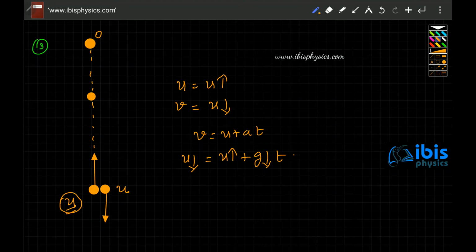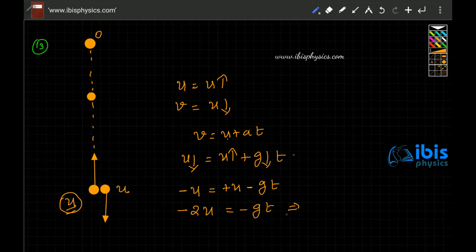If you consider the upward direction as positive, it is plus u, but acceleration is downwards throughout the motion, so it is minus g into t, and the final velocity is downward, so it is minus u. This plus u comes over here, so it is minus 2u equal to minus gt, because minus u minus u is minus 2u. So the time for the velocity to change from u to minus u is the round trip time.